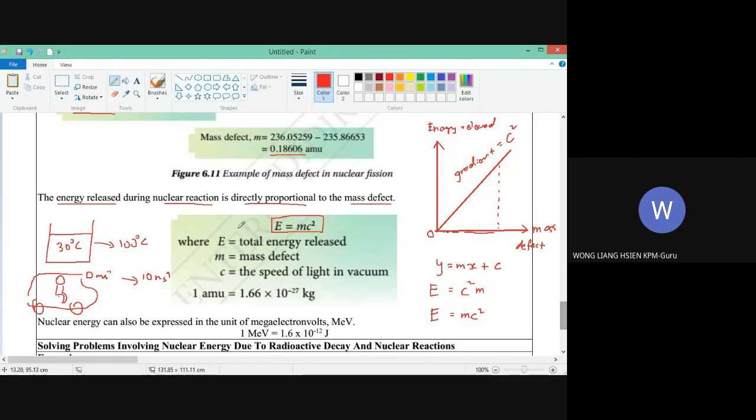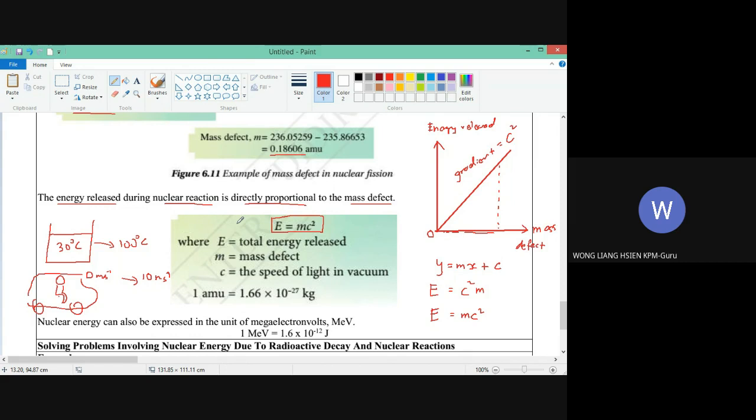So this is how we get the equation E equals mc squared. Where during nuclear reaction, which includes radioactive decay, that means alpha decay, beta decay, gamma decay, all of these are radioactive decay, and radioactive decay is included in nuclear reaction.